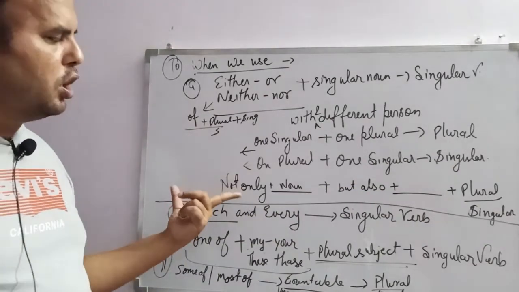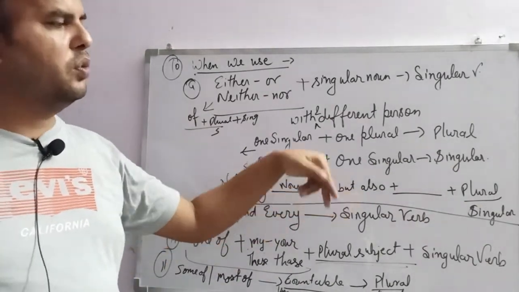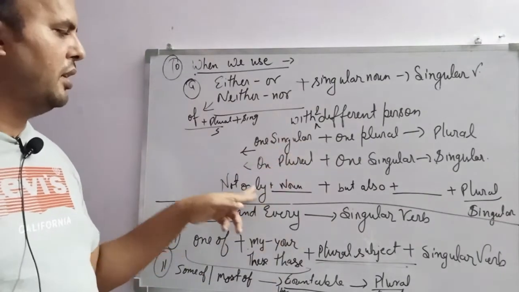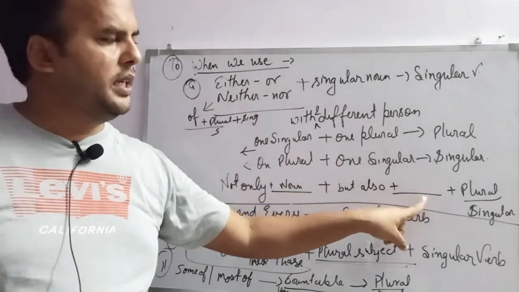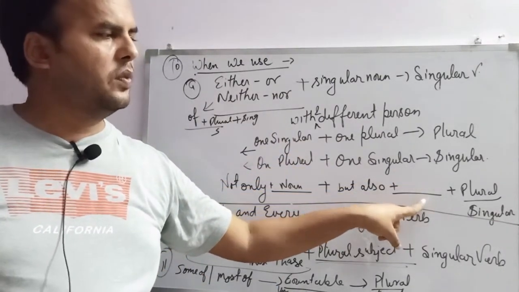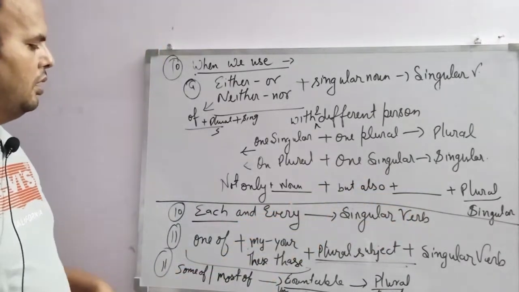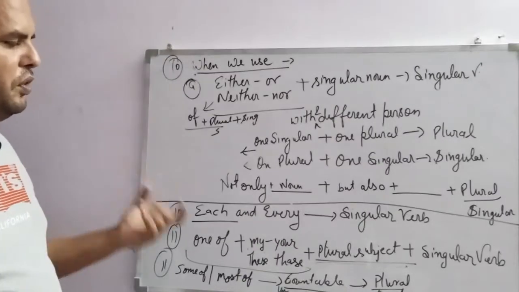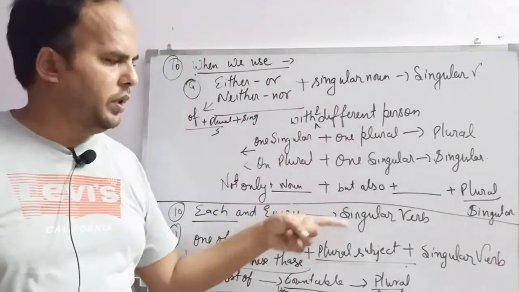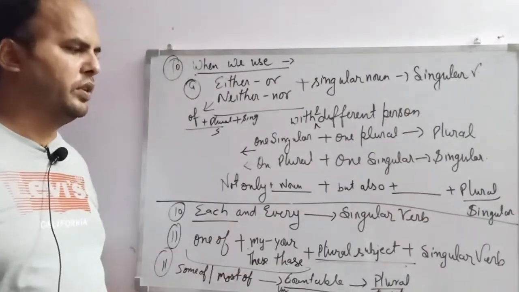If we use not only with a noun but also with a noun, the same rule applies here. The subject which comes nearest, we are going to use the verb according to that. The next rule is, if we use each and every, we are going to use a singular verb.